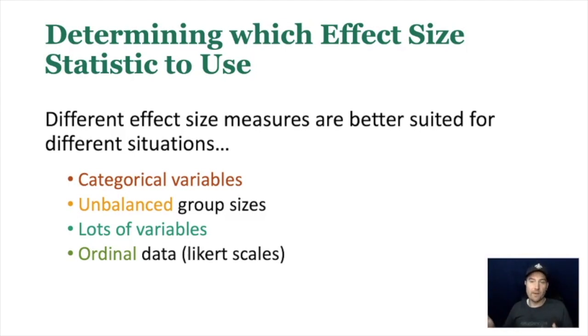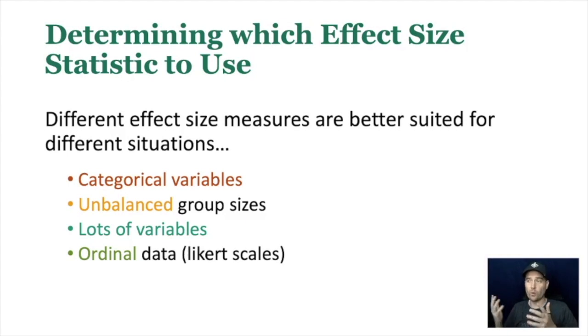Now, if you have lots of variables, you may not want to do a Cohen's d or a correlation because there's going to be a ton of numbers. But there's things like R squared that can be really useful in cases like that because it can give you the amount of variance that all the variables together are explaining of the outcome.